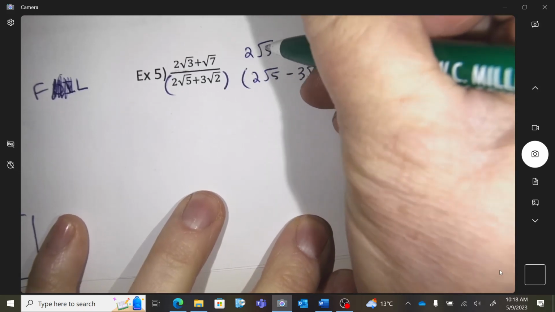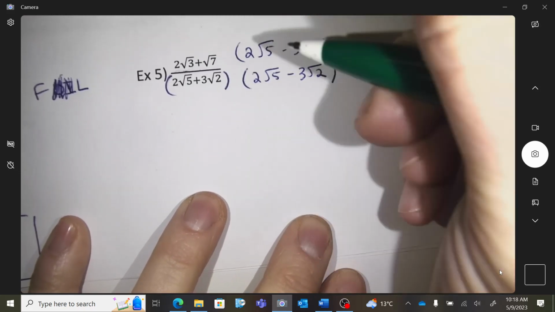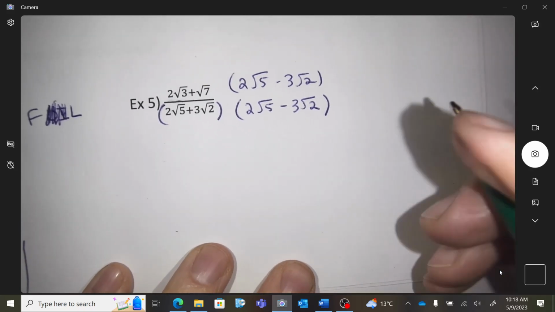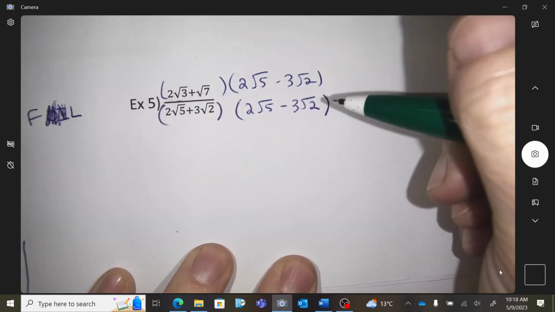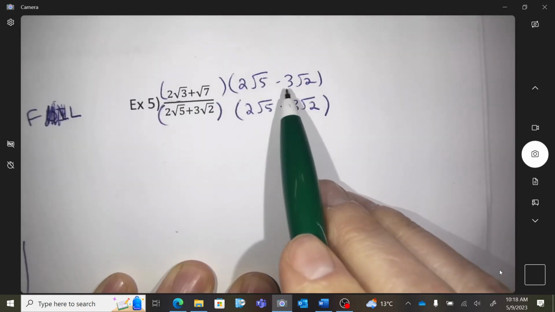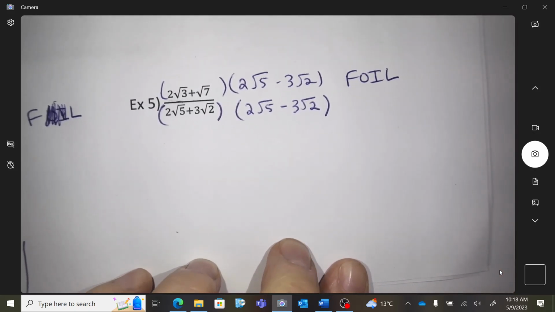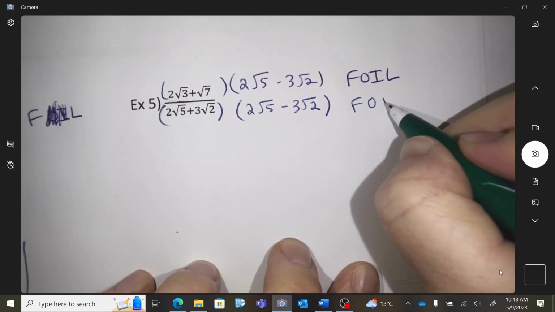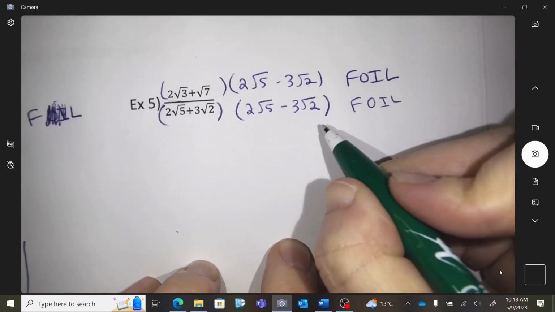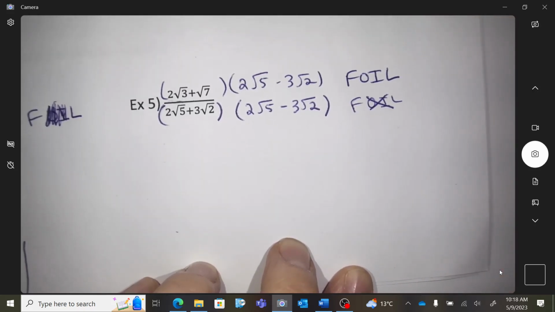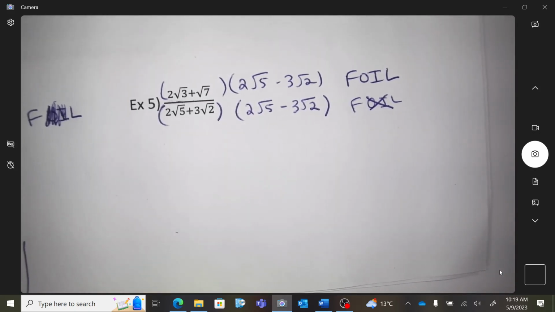What I do to the bottom, I do to the top. Okay, this was already a binomial and we're timesing it by a binomial. So, sorry, there's no shortcuts. You are going to have to FOIL that all out. And this is a binomial times a binomial. But because they are special, you get to cheat. Okay, so there's your process.